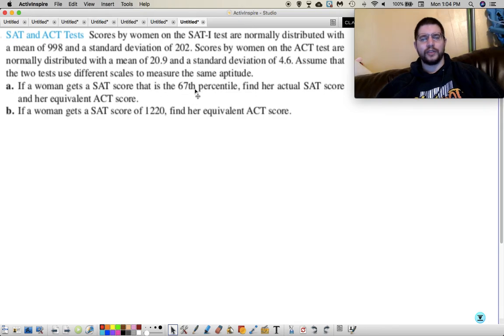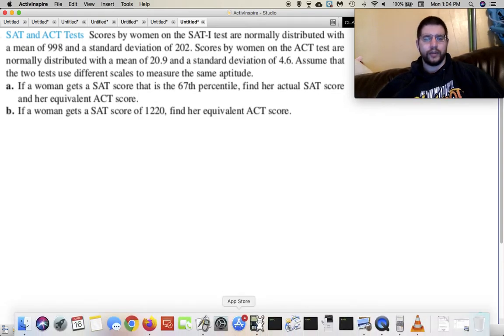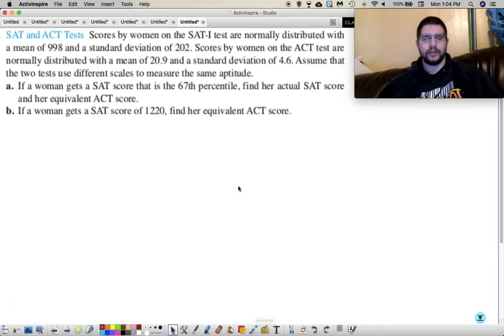So we have the percentile, and they're asking us to find the score, the Z-score. So that's an inverse problem. So let's draw it out. So we want the 67th percentile. This is for A, by the way.